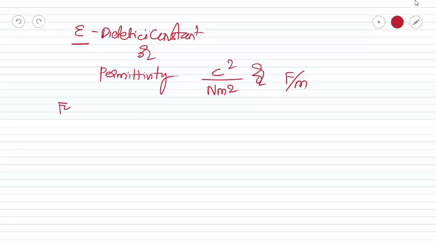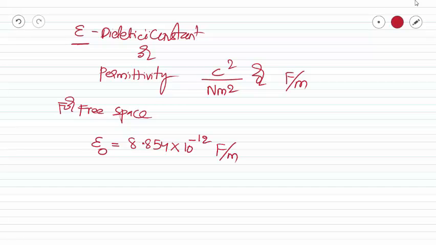For free space, we denote epsilon as epsilon naught, which is 8.854 times 10 power minus 12 farad per meter. This is the value we need to remember.